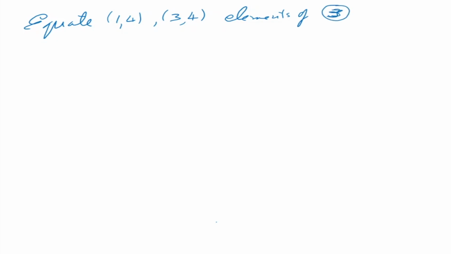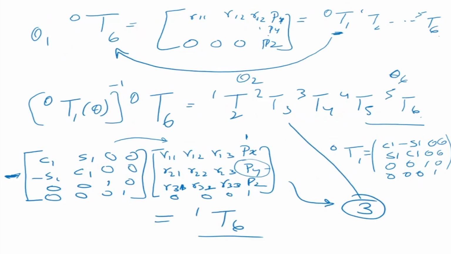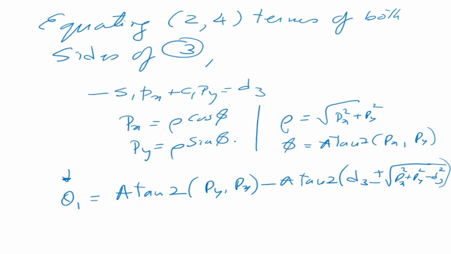So we go back to our equation 3, which is this one, and we target the 1 4 element: 1 is this one and 4 is that side. 3 4 is this, 3 is this one, row, and 4 is this one. So what you'll be getting is pz here you'll be targeting. So you'll get 2 equations with 2 variables, and then we can try and solve them.